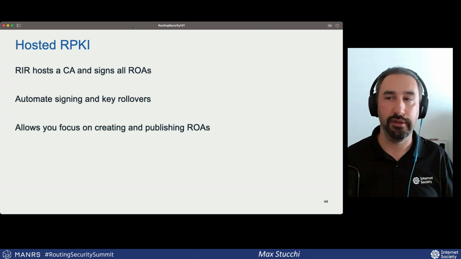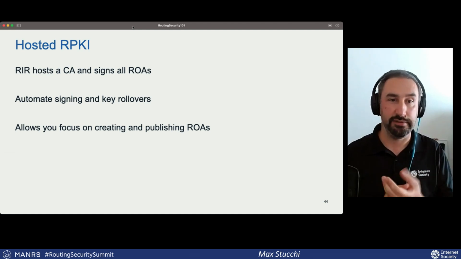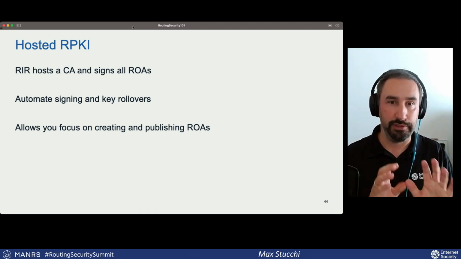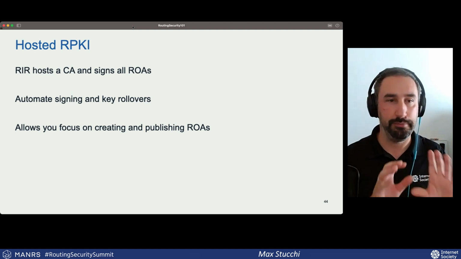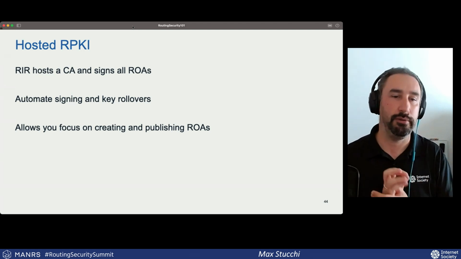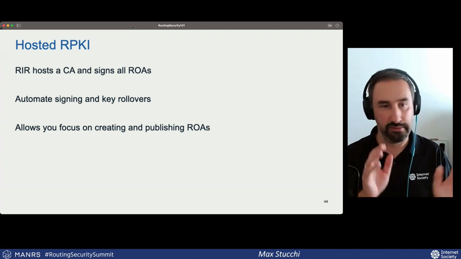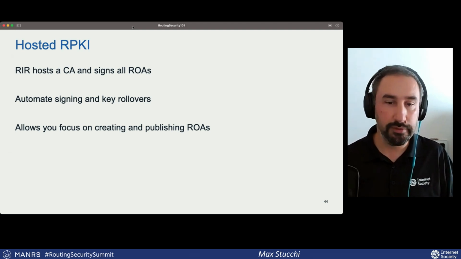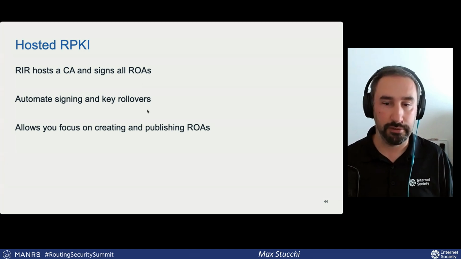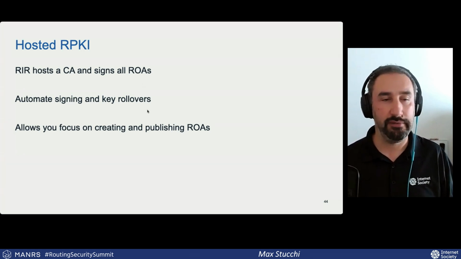You just focus on them. Actually, the interface is also very simple, in which it also tells you, okay, we see these BGP announcements from you. Do you want to match all the BGP announcements with ROAs? And if you say yes, then it just creates everything automatically for you. So you can focus just on the ROAs and publication and everything.